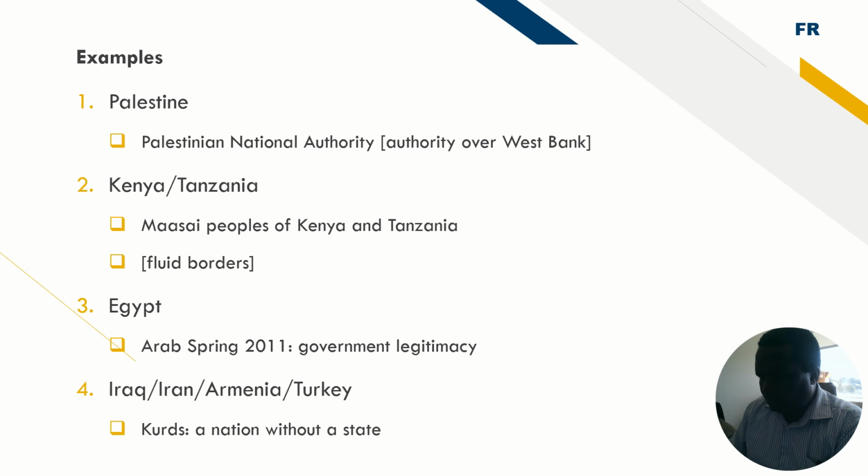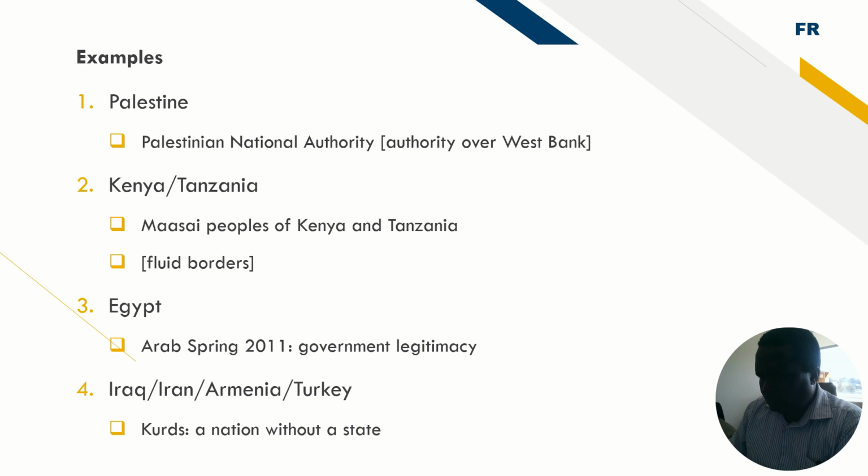In Kenya and Tanzania, you find a similar situation. So you find, for example, the Maasai peoples of Kenya and Tanzania who go back and forth across the borders.